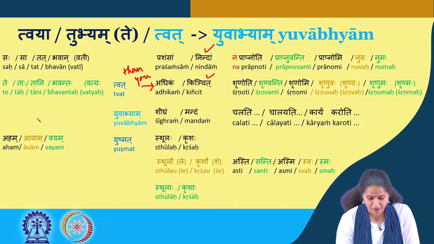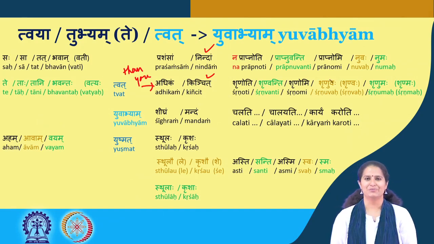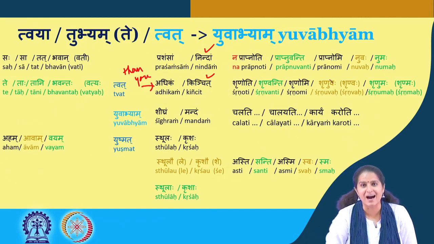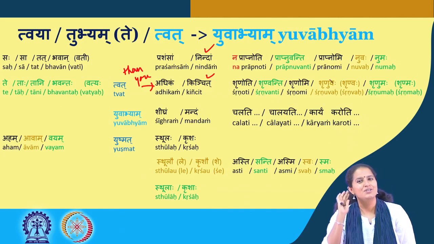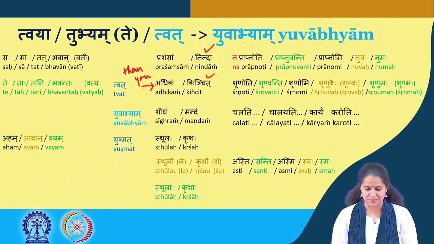So avam yuvabhyam kinchit shrinuvaha. Uttamam. Now how would you say we hear less than the two of you? Vayam yuvabhyam kinchit shrinumaha or shrinmaha. Uttamam. So again, different ways of practicing this particular table.